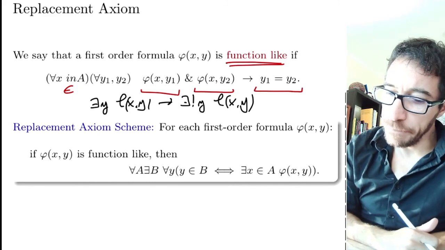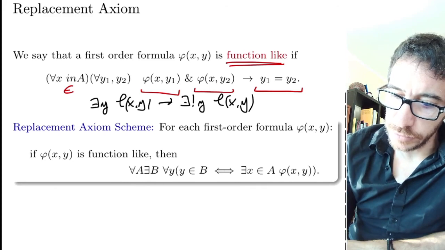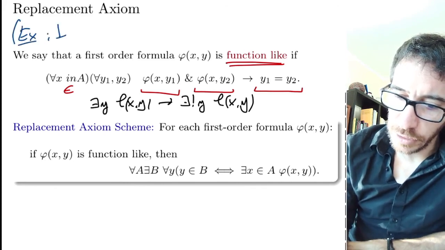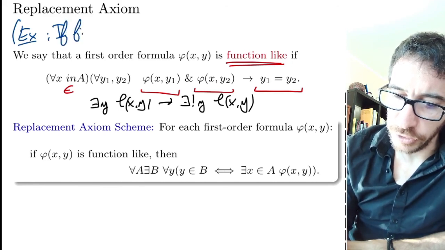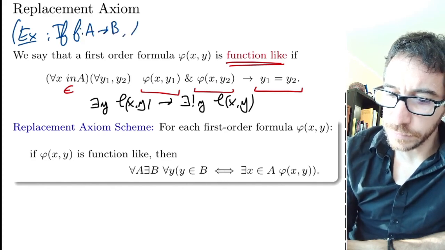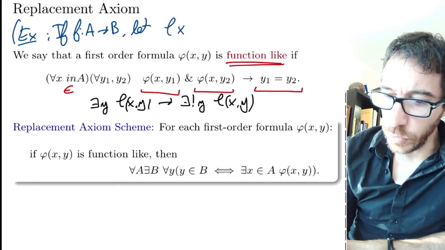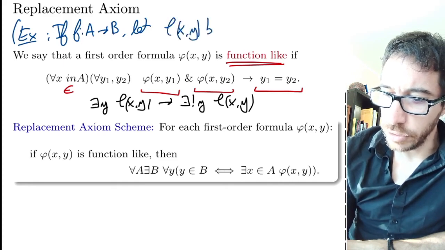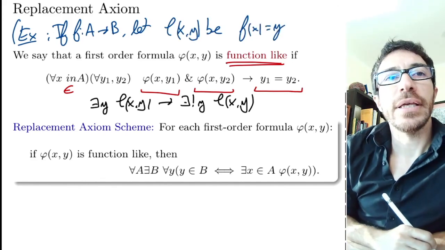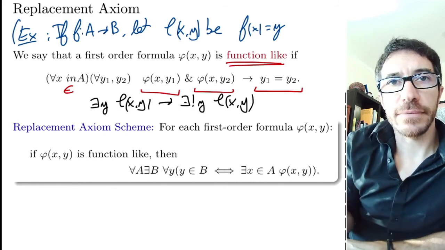For example, if f is a function from a set A to B, and we let phi(x, y) be f(x) = y, then this formula would be function-like.